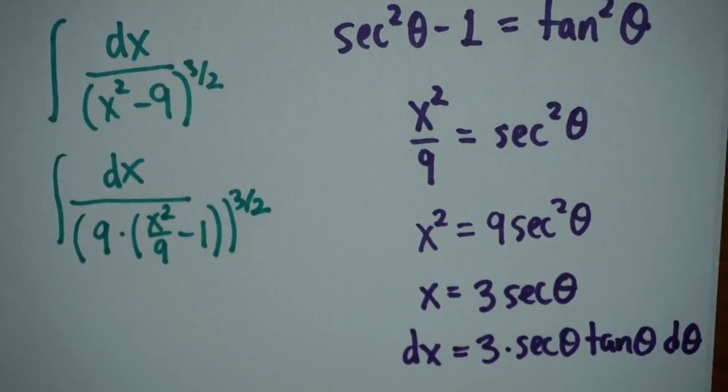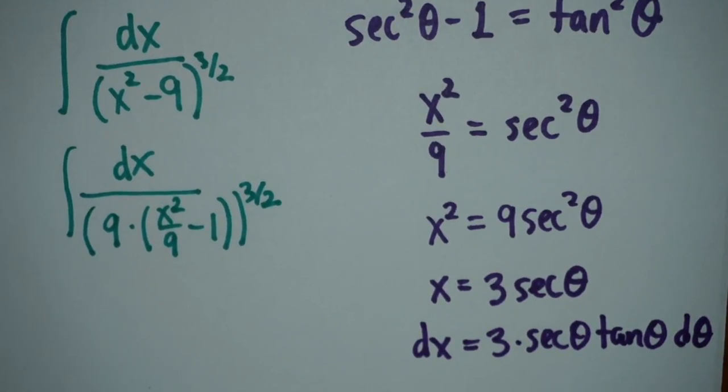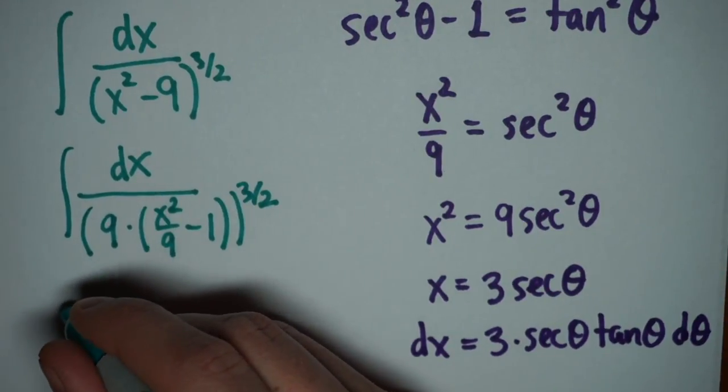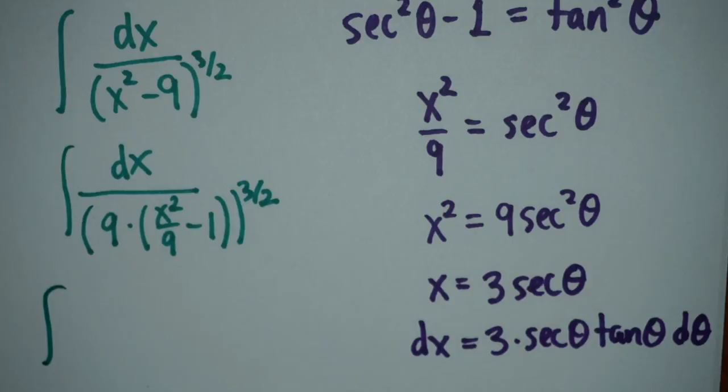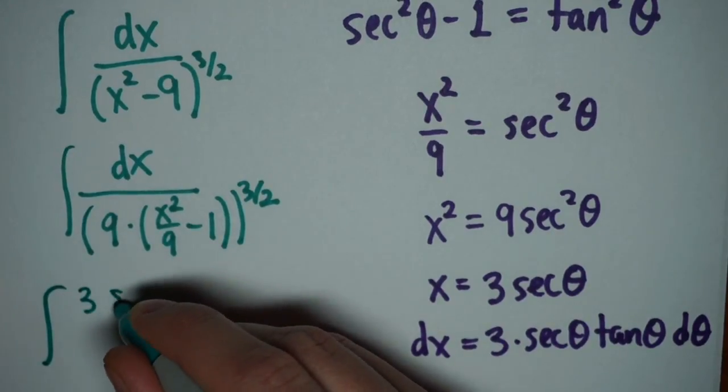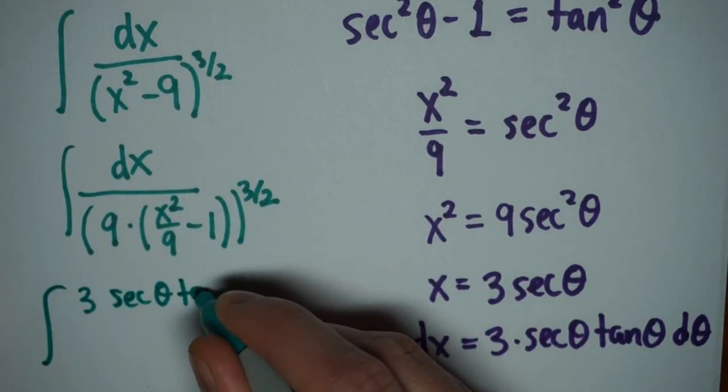Now I can start plugging these into my original integral and see if I end up with an integral I can actually work with. I'll have the integral. dx is going to be replaced by 3 secant theta tangent theta d theta.